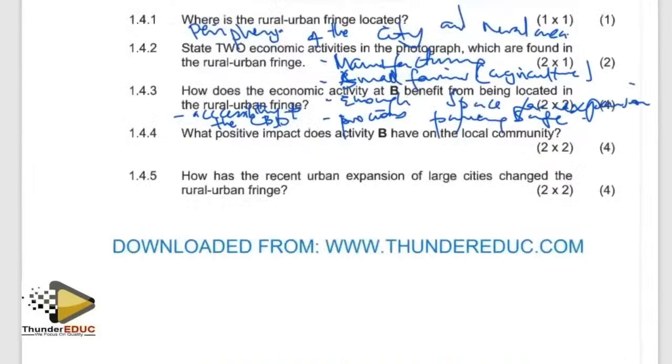Okay, how has the recent urban expansion of large cities changed the rural urban fringes? How has it changed them?